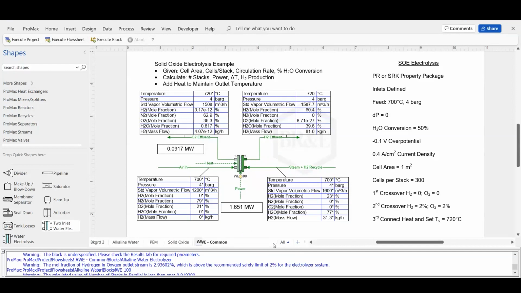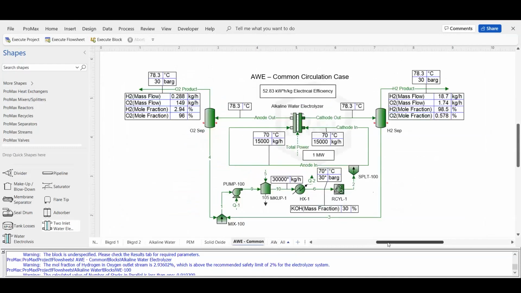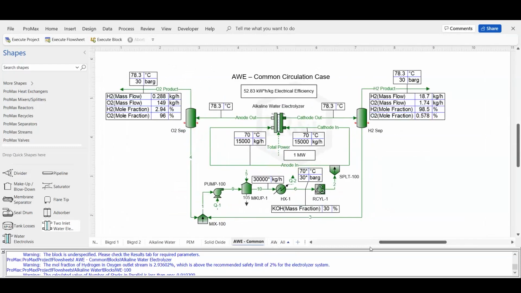And now I just kind of wanted to give you a picture of a simple balance of plant model for alkaline water electrolysis. And there's two types, and they do make a pretty big difference.